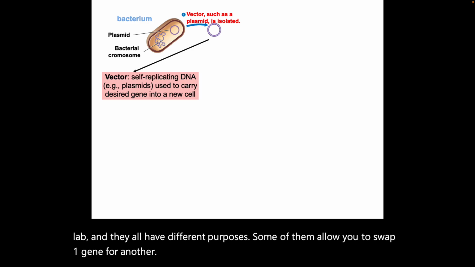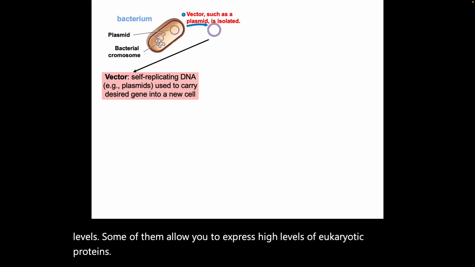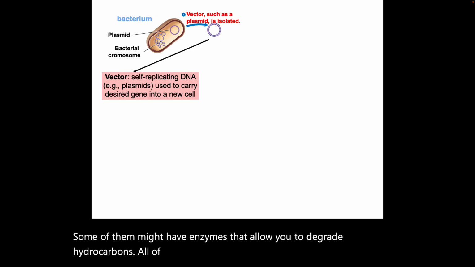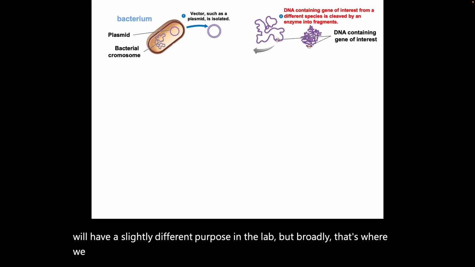Some of them allow you to express high levels of bacterial proteins. Some of them allow you to express high levels of eukaryotic proteins. Some of them might have enzymes that allow you to degrade hydrocarbons. All of these plasmids can do different things, and they all will have a slightly different purpose in the lab, but broadly that's where we start, the plasmid.